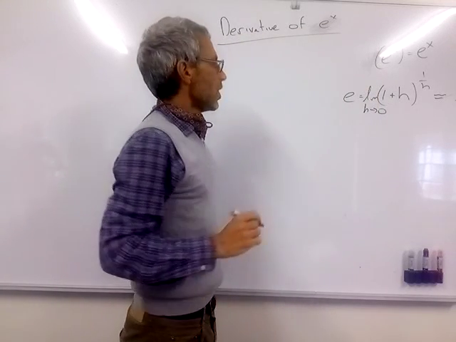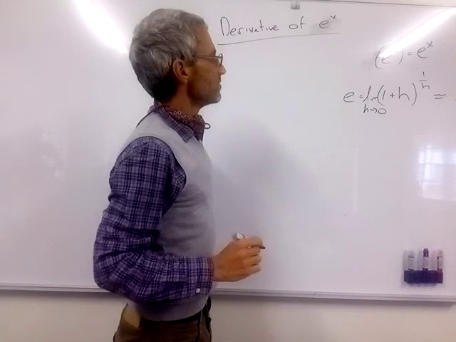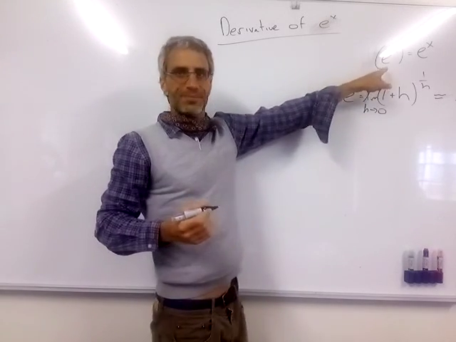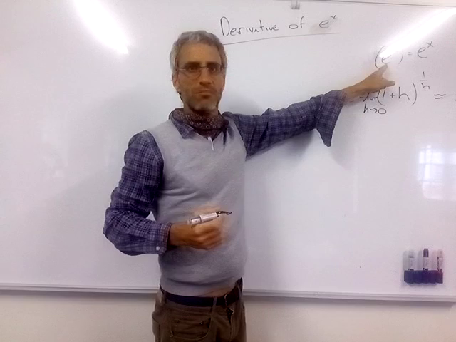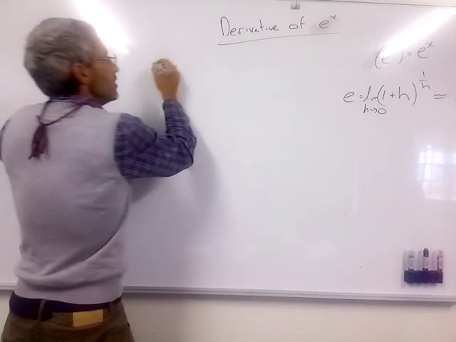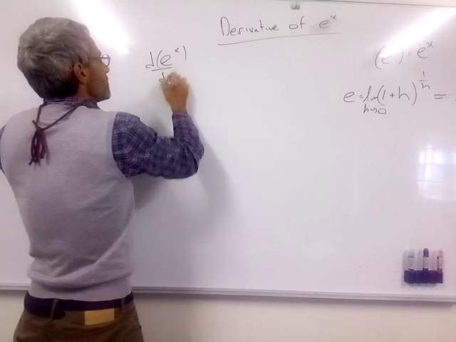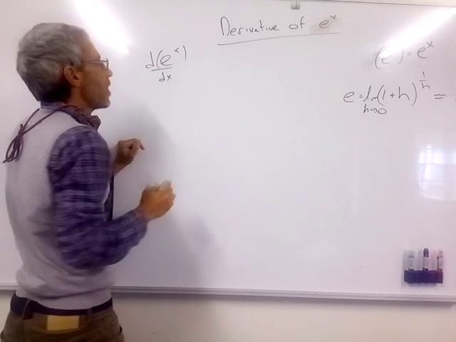All right. What's the derivative? I'm going to prove that. That's really this whole lesson. So what is d e^x over dx, the derivative of e to the power of x?